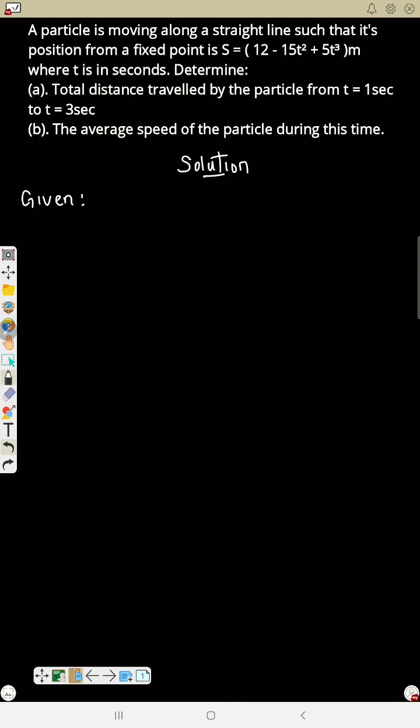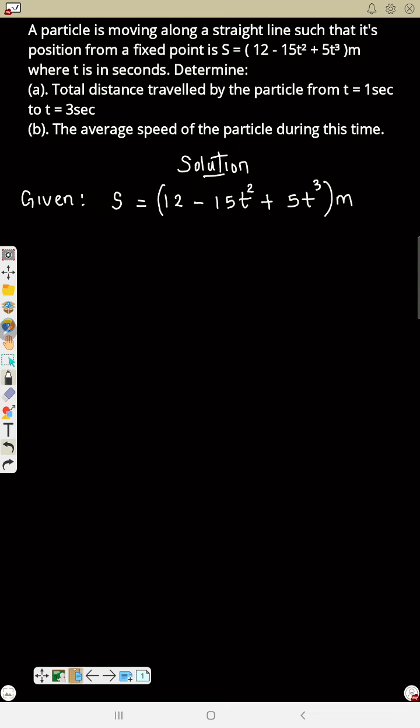Now let's take the first one. Let's write the data given. We have s = 12 - 15t² + 5t³ meters.